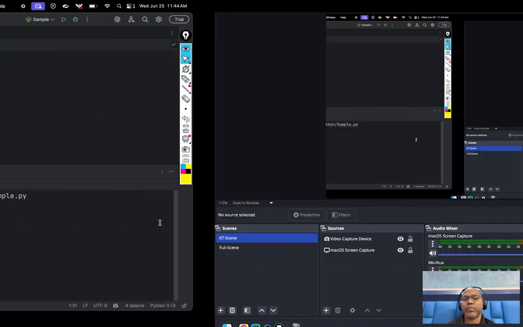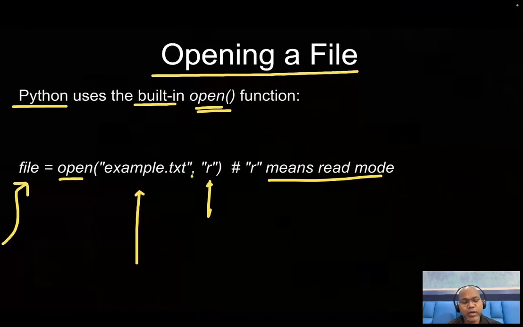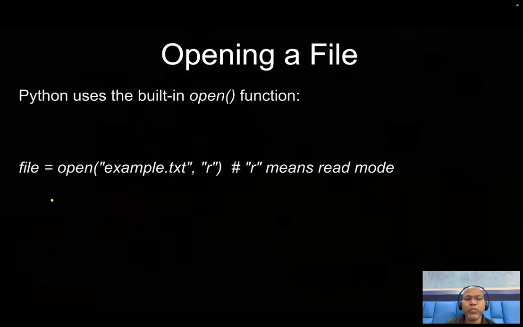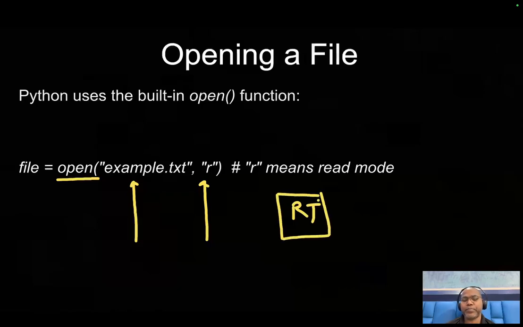That's okay. So this is the way you can use the open function to open any file. You mention the file name and mention the mode. If you do not specify anything, by default it goes for text read mode. Okay, RT.